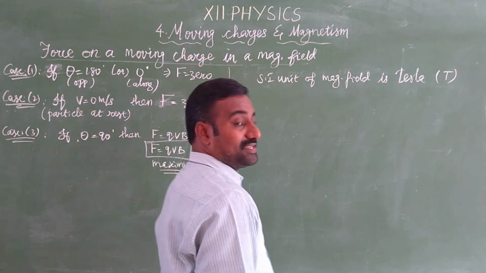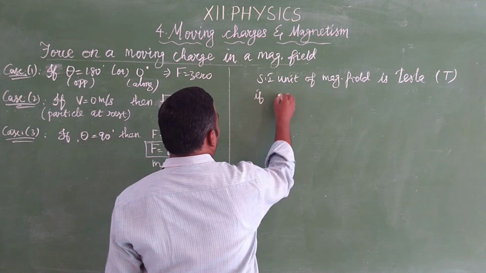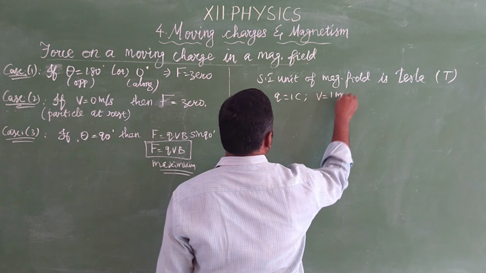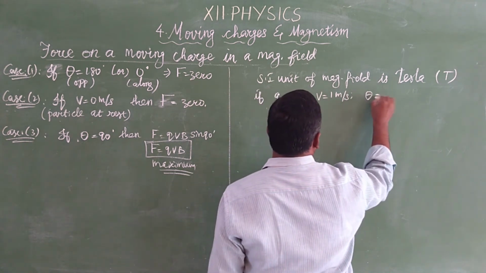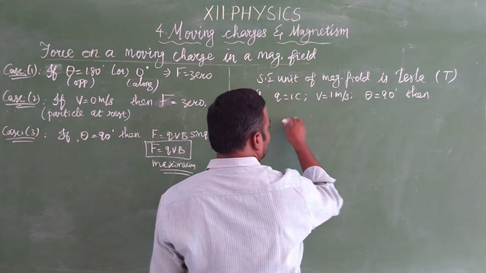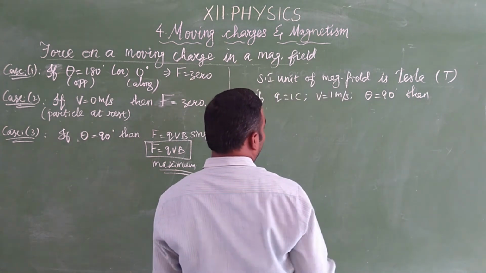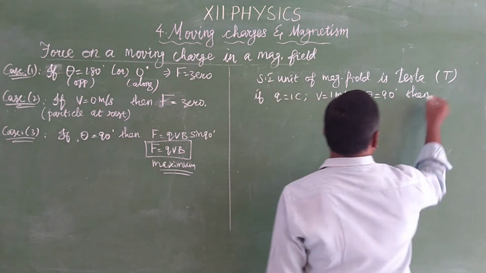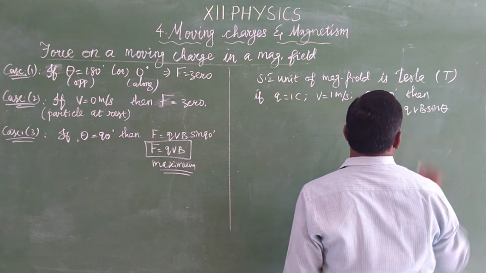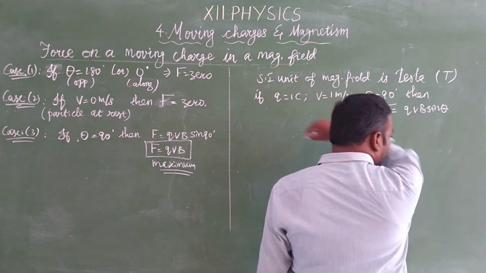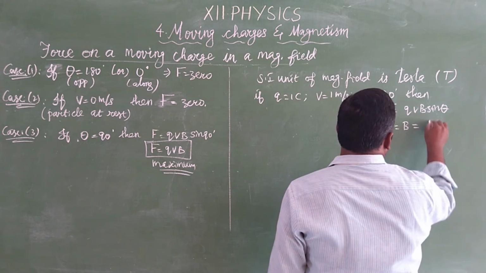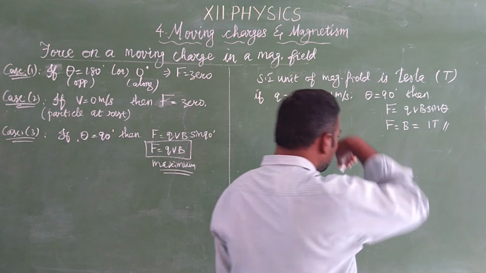So how do we get Tesla? If a unit charge is moving with a unit velocity at right angle to the applied field, then what is the force? Then F is equal to QVB sin theta, and theta is 90 degree. So we have F is equal to B, which is equal to 1 Tesla. Tesla is the SI unit.